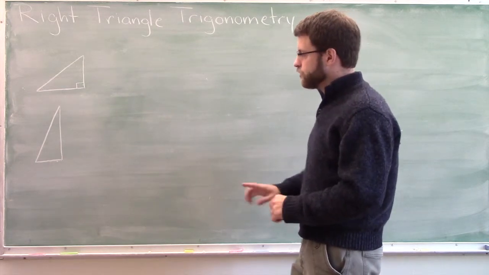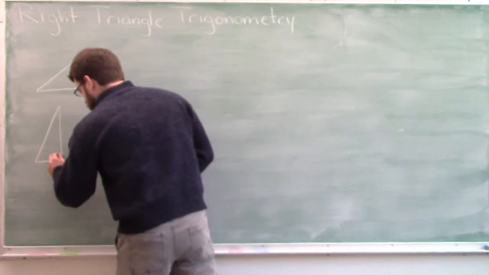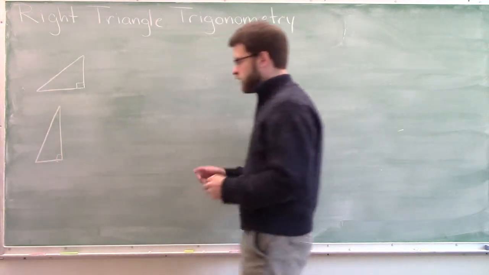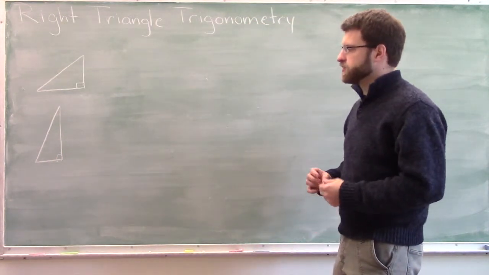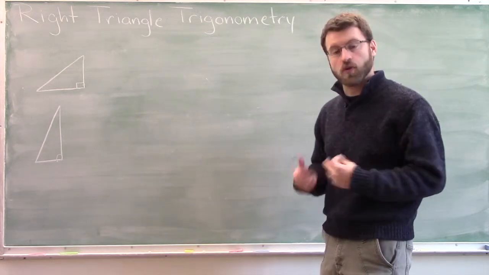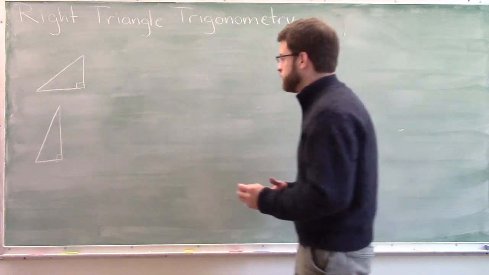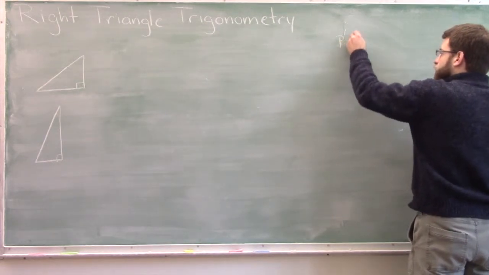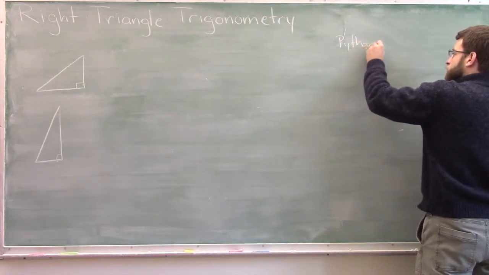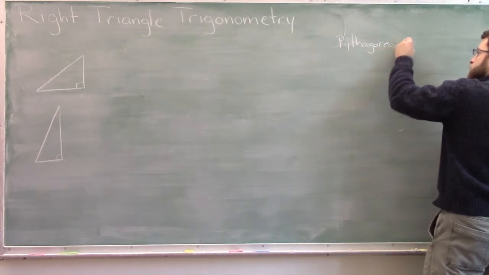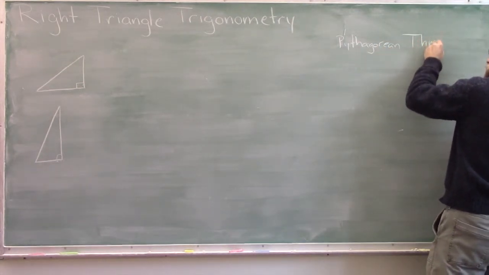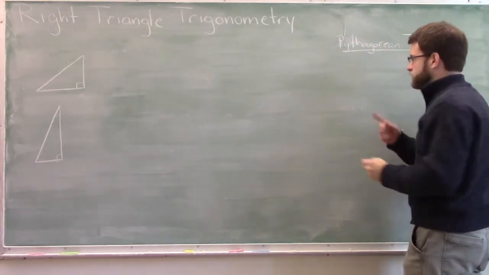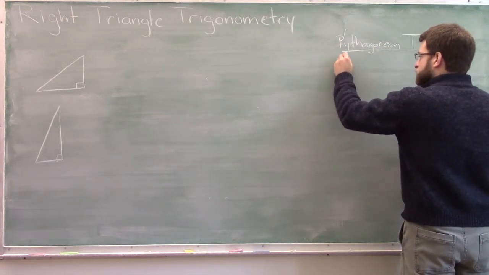Okay. So with right triangles, we have a couple of different mathematical entities that we can use to gain and transform information about these triangles. We have the Pythagorean theorem, and that gives us a relationship between the sides of the triangle.